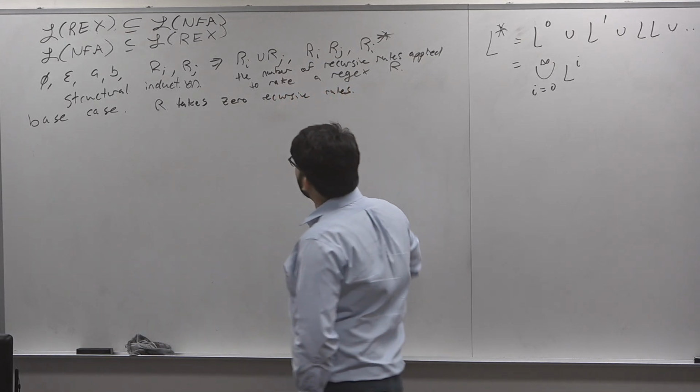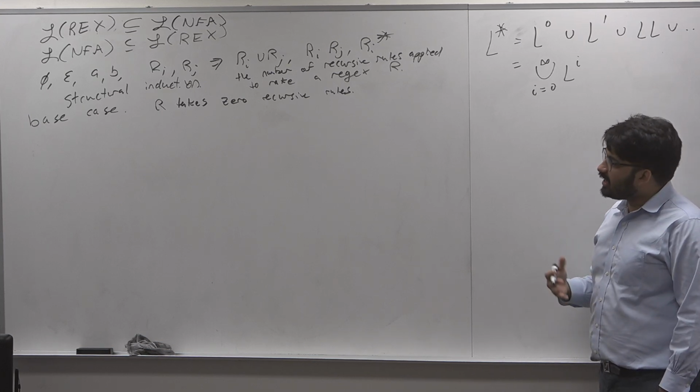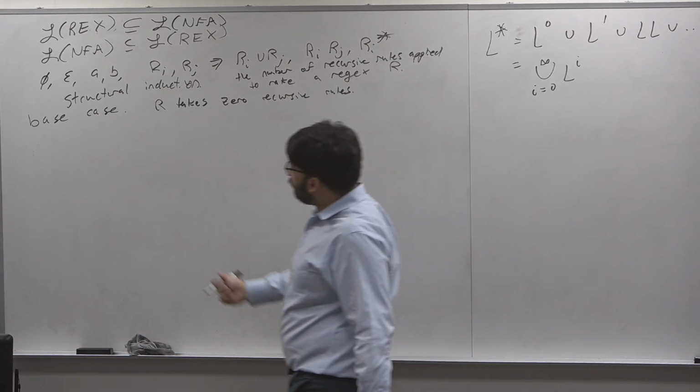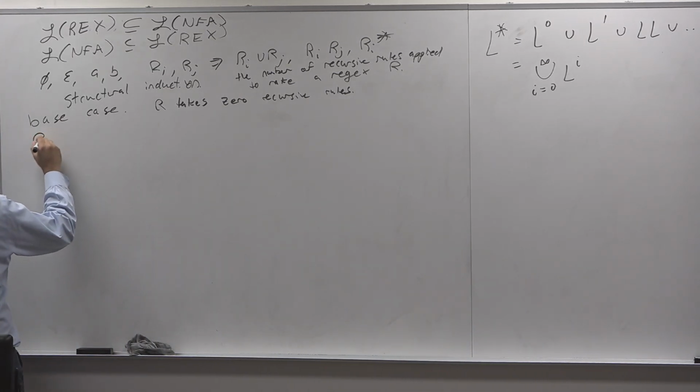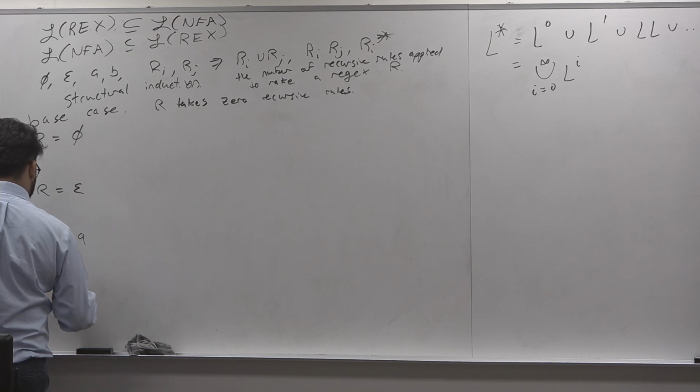So R has no unions, no concatenations, and no stars in it. If it takes 0 recursive rules, then R must be the empty set, the empty string, A, or B.